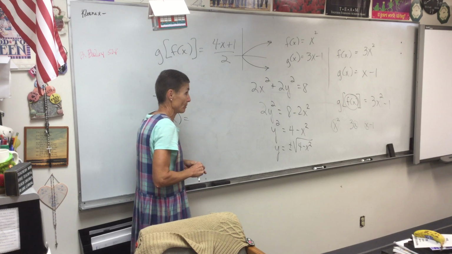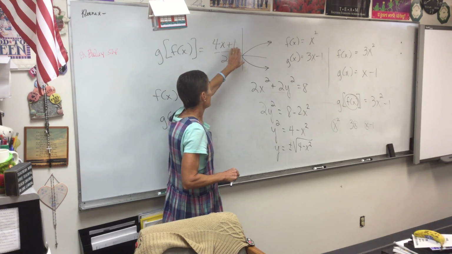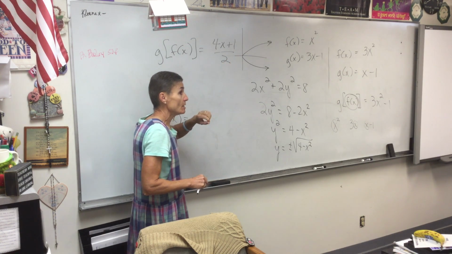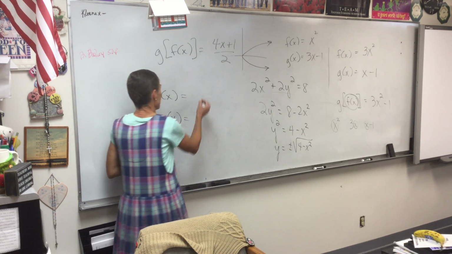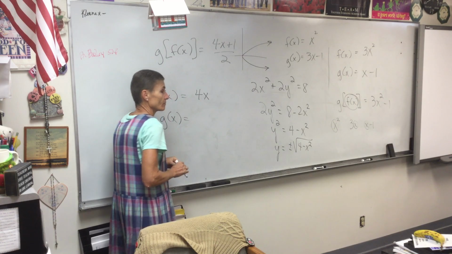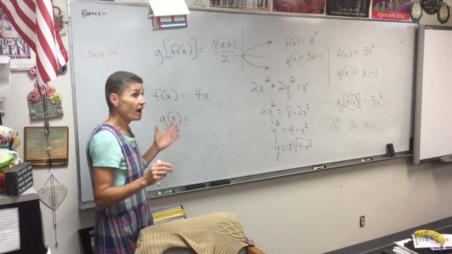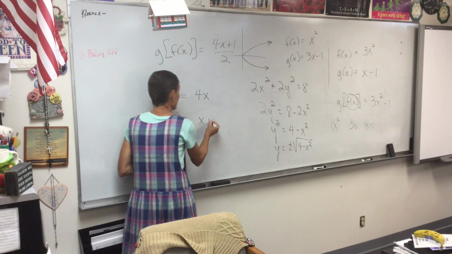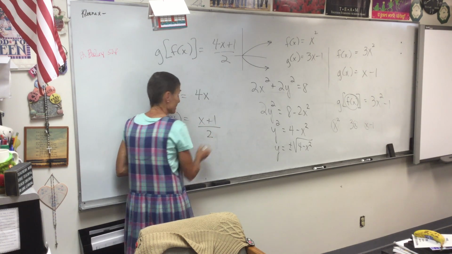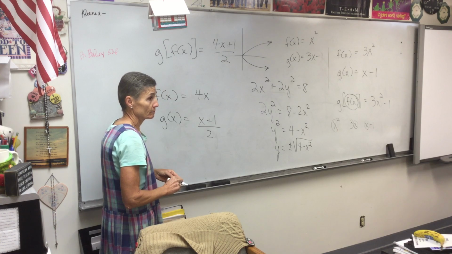In that order, right? Multiply by 4, add 1, divide by 2. So then you say, okay, my first function maybe just multiplies by 4. That's fine. But then what does your second function have to do? Add 1 and divide by 2.